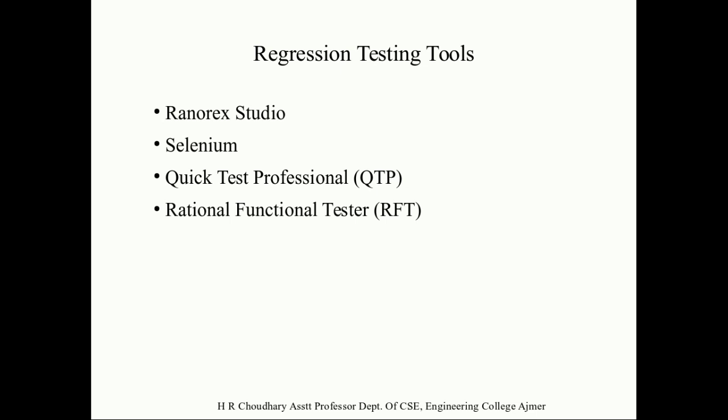We can have different kinds of regression testing tools, as we know very well, because it becomes very difficult to make manual cases, and it becomes very time consuming and the cost increases very much. So we should use automated tools basically. If software undergoes frequent changes, definitely the regression testing cost increases very high.